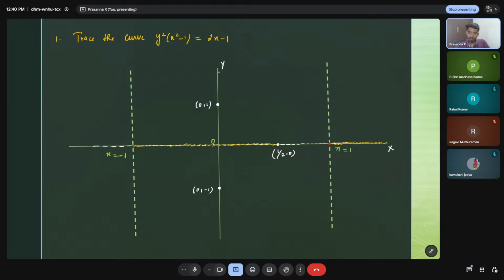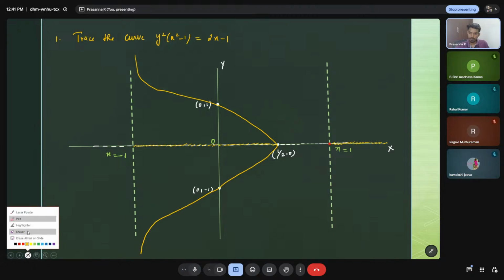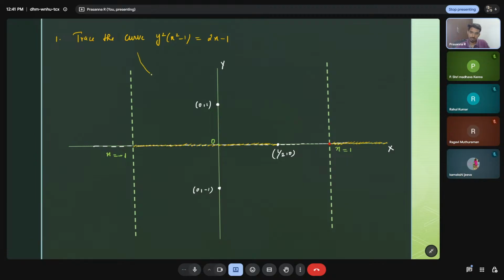Now you can see that here we have an asymptote, and it is passing through this point, this point, this point, and here we have again an asymptote. Now the curve will be, right, this is an asymptote, and here the function is not defined.